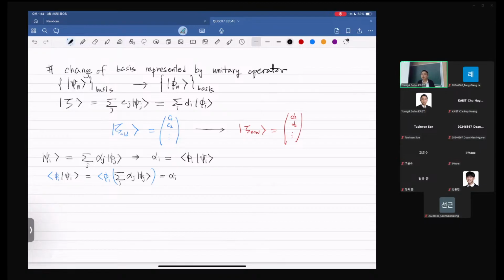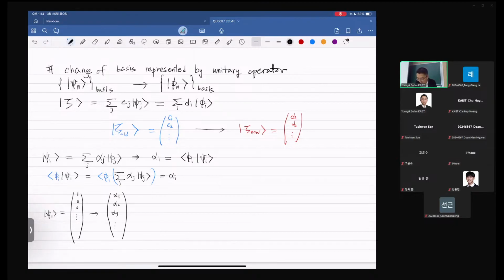So we actually know this column matrix, 1, 0, 0, and so on, is changing to, with the new basis, alpha 1, alpha 2, alpha 3, and so on.